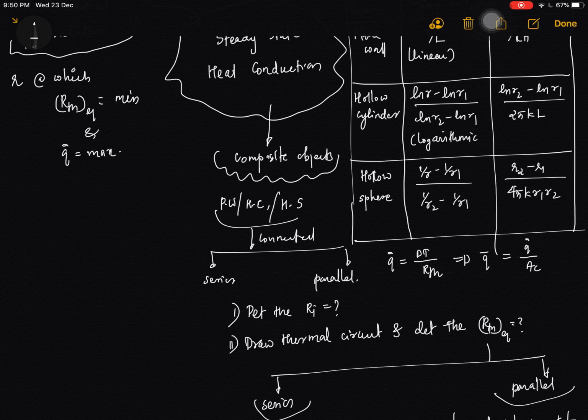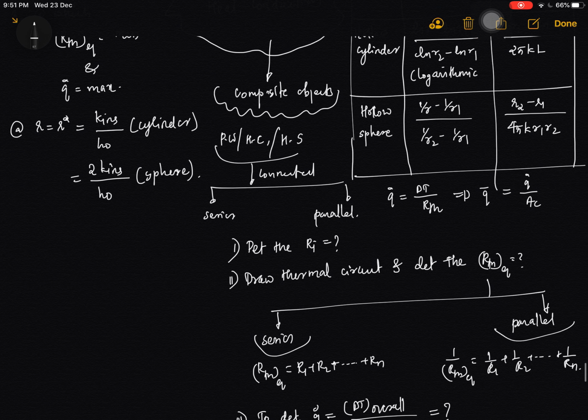So that particular radius is called R star, or the critical radius of insulation. At R equal to R star, for a cylinder we can calculate R star as K insulation by h0, and for spheres we can calculate R star as 2K insulation by h.